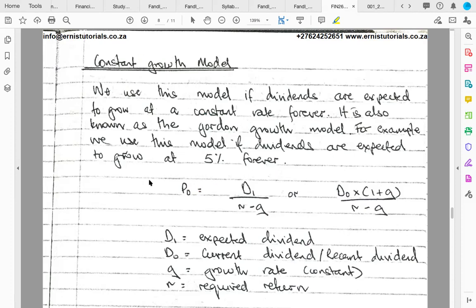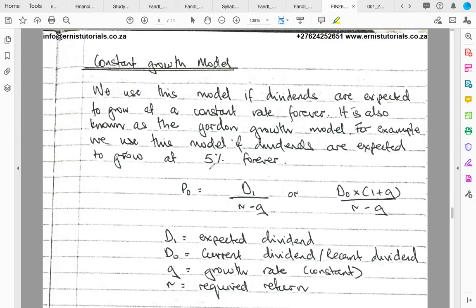If we assume that our dividends are growing at a constant rate forever, we can use either this formula if we've been given the expected dividend at the end of year one, or we can use this formula if we've been given the current dividend or the most recent dividend, right?